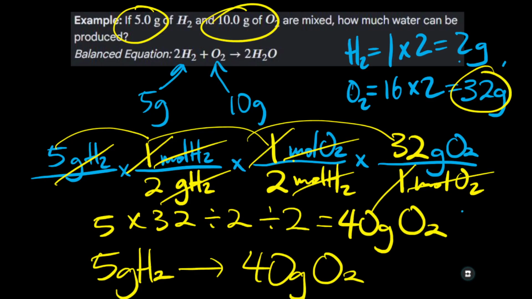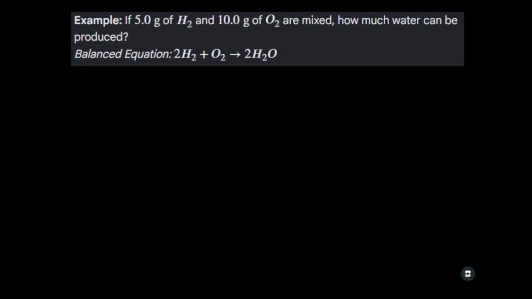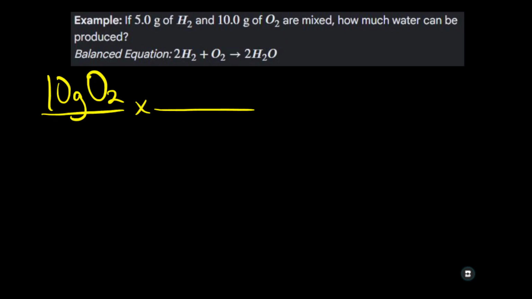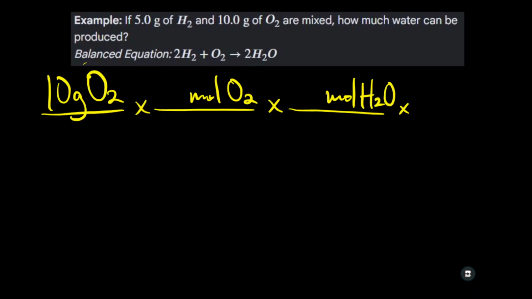So I have to use oxygen to do my next calculation. My goal is to find out how much water I can make. Now I know I'm going to run out of oxygen, so I'm going to use oxygen as my next step. I have 10 grams of O2 times, I have to go from grams to mole O2 first, and then from mole O2 to mole H2O, and then from mole H2O to grams H2O.